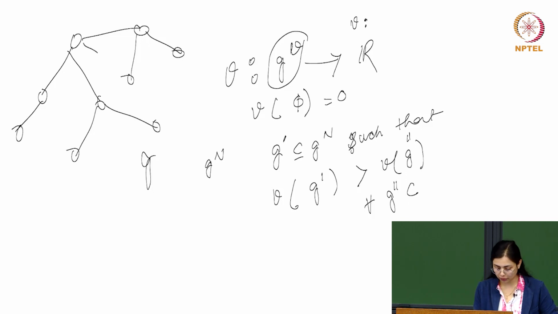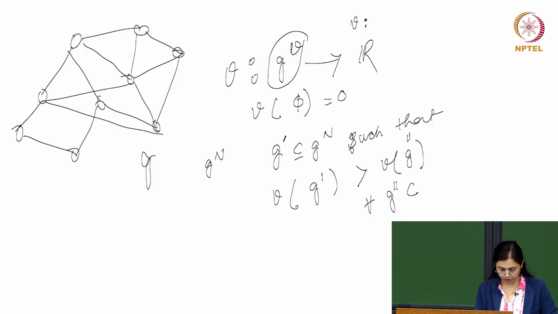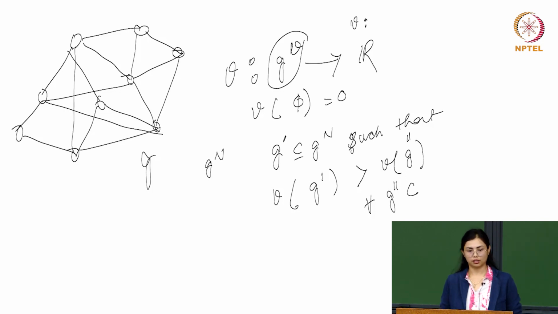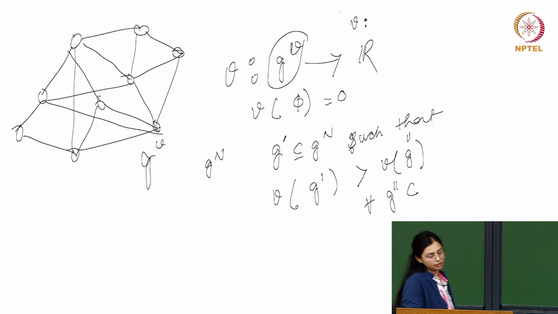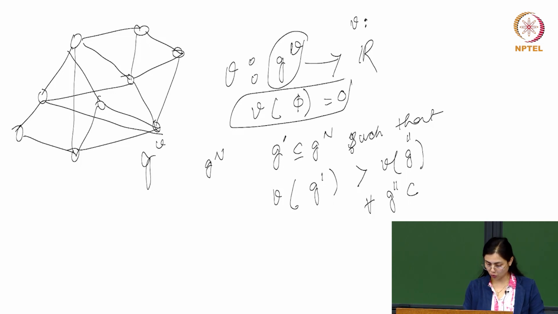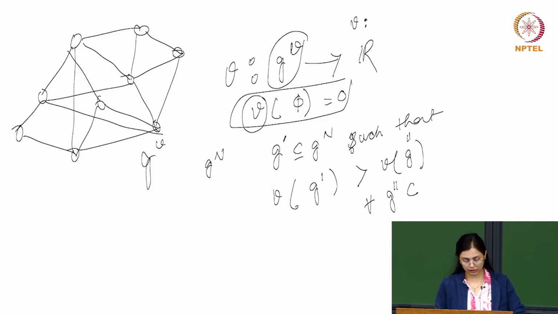So in case of it, what will the complete network look like? It will be difficult to draw, but still, we have a very dense network here, like this. We'll have more edges. Suppose this is my ZV, and there is one function associated with this GV such that this condition always holds.